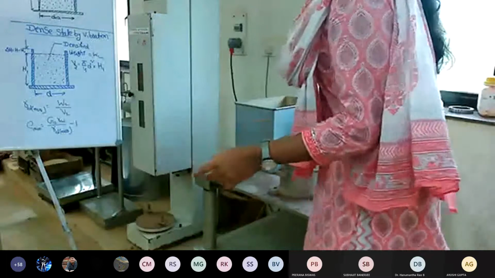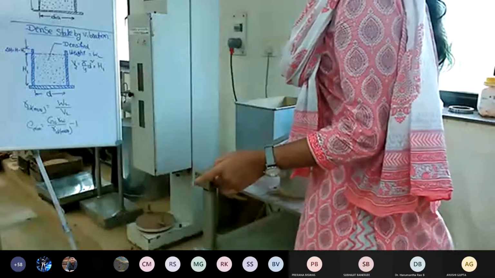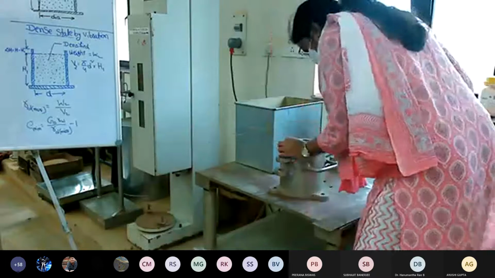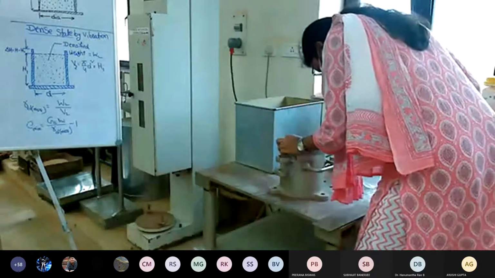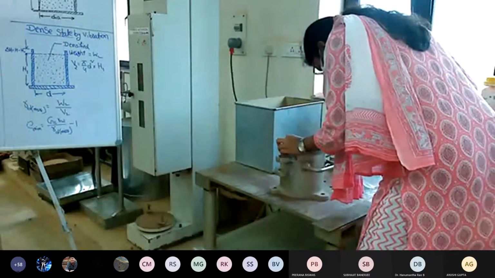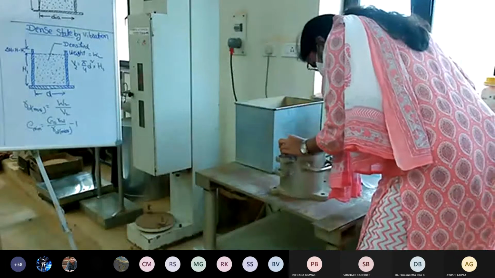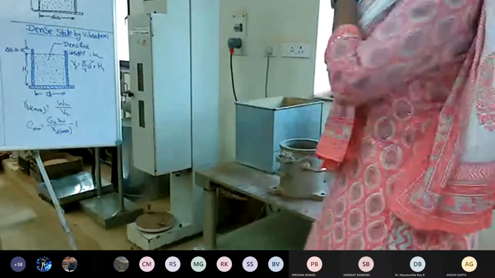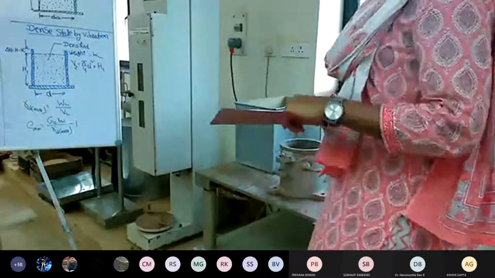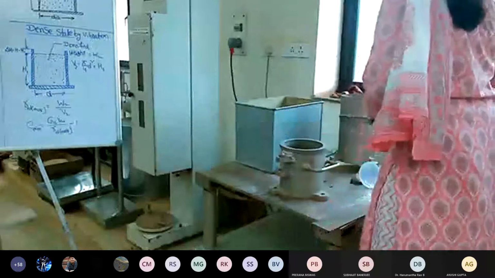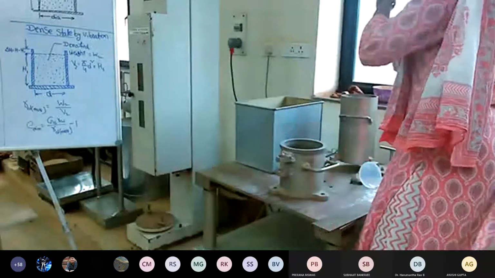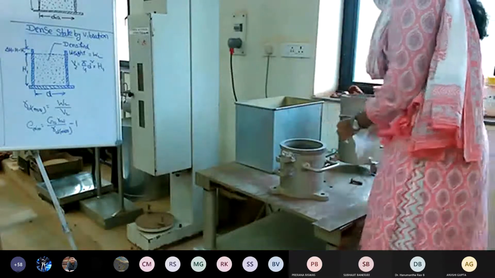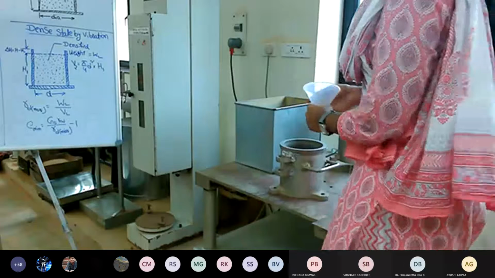Weight is 4.180 kgs. We can take the weight now.